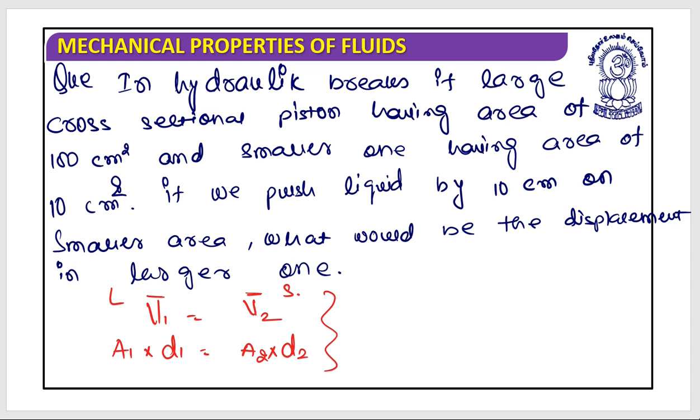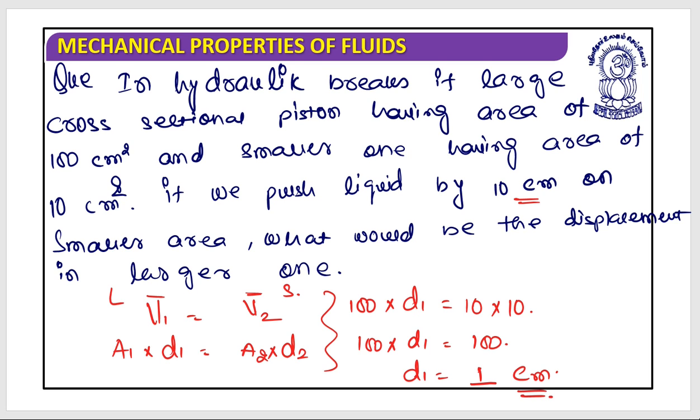So the large piston's area is 100 centimeter square multiplied by D1, which I want to know, and it equals the smaller piston with cross-sectional area of 10 centimeter square, and we have pushed the liquid by 10. So 100 into d1 equals 100. So d1 is equal to 1 centimeter only. I hope this is clear.